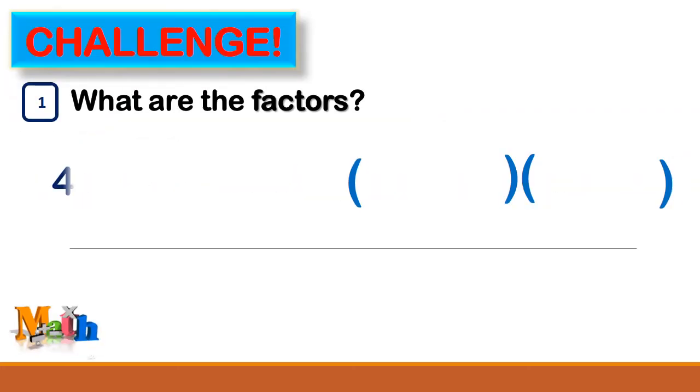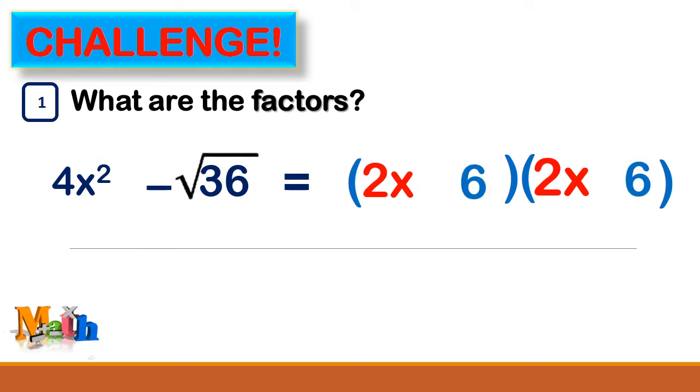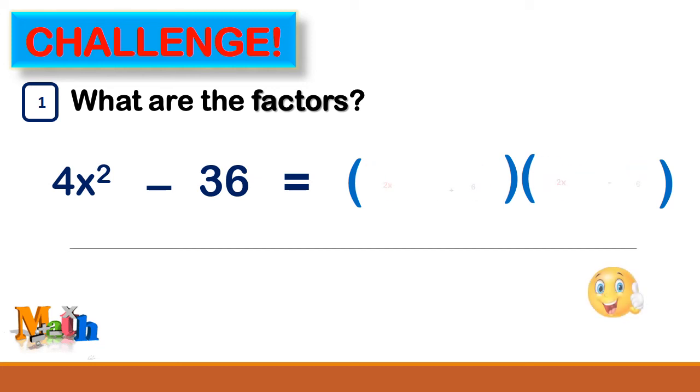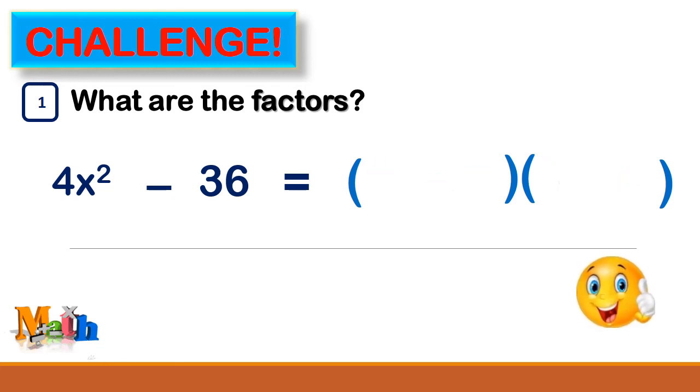So are you ready for a challenge? Okay, let's see. So what are the factors of 4x squared minus 36? And the correct answer is 2x plus 6 times 2x minus 6, and you are correct.